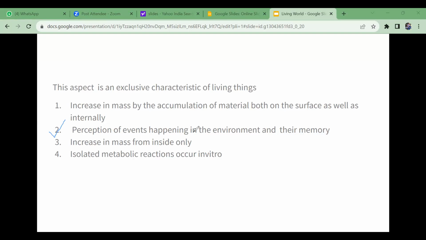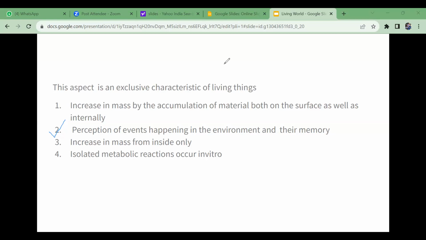Okay, got it? Kavya, isolated metabolic reactions occur in vitro, or perception of events. Option 2, Kavya. Got it? Everybody, those who went wrong? Pushti, did you understand? Pushti, Abhimanyu, and others also?